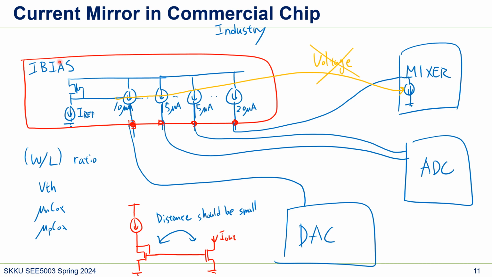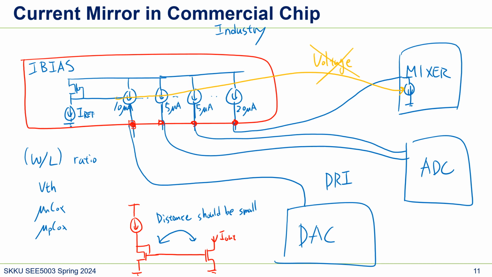Some engineers only take charge of this I bias, and the engineer of this I bias communicates with other block owners. We call this a DRI, which means directly responsible individual. It's like an owner of this block.